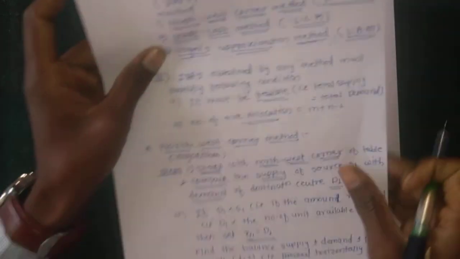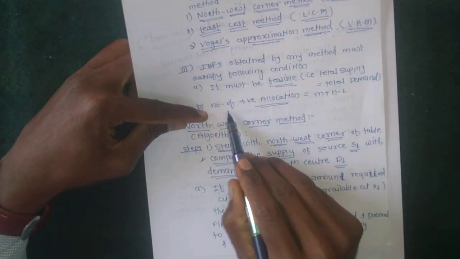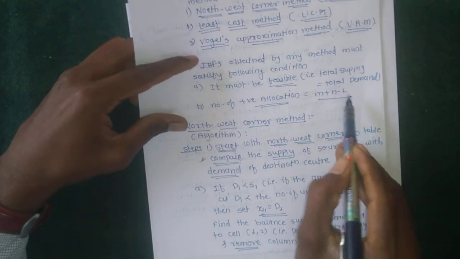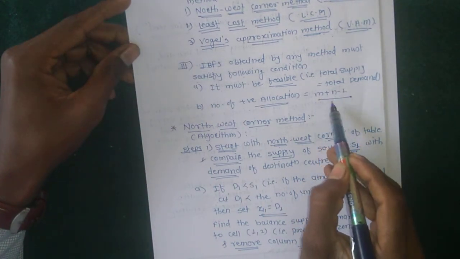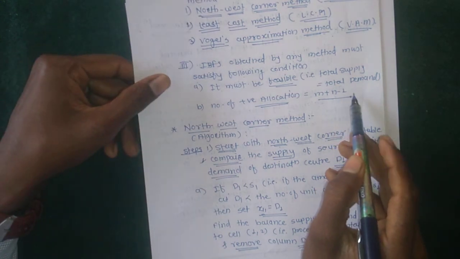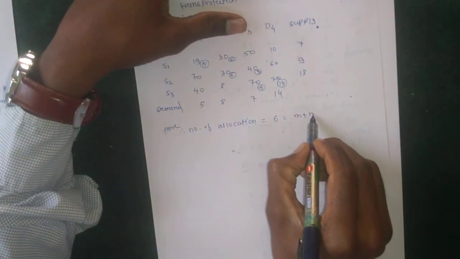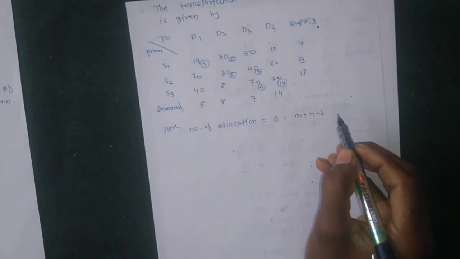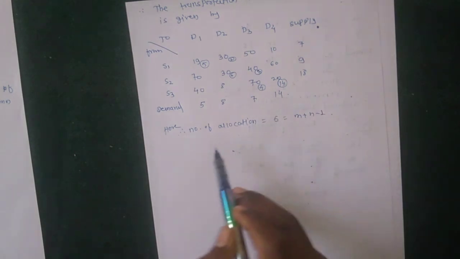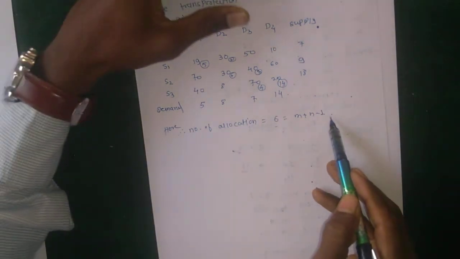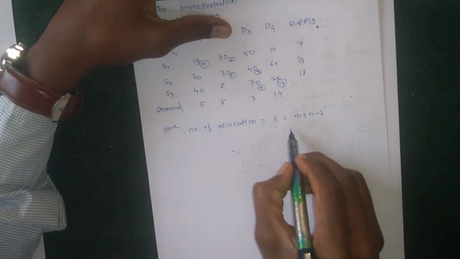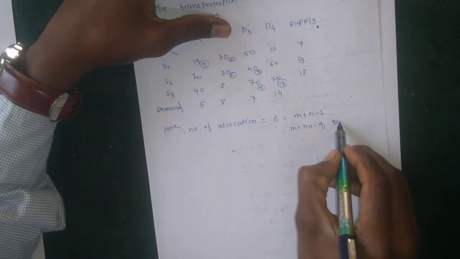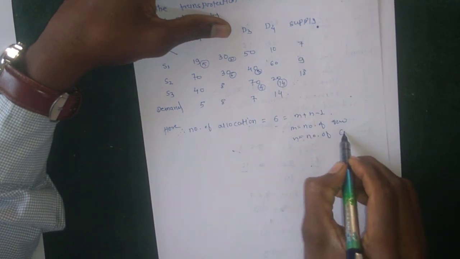In this table, the number of positive allocations is m plus n minus 1, where m is the number of rows and n is the number of columns.